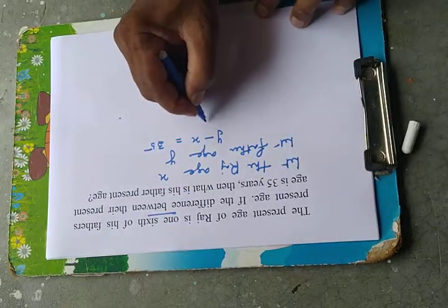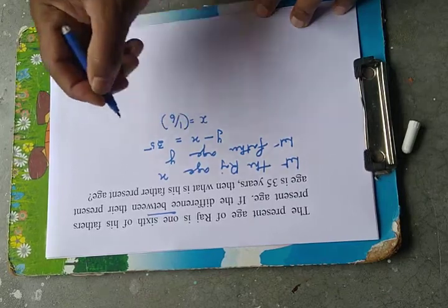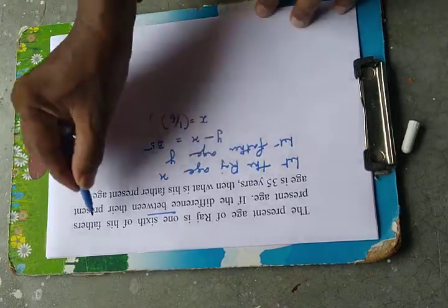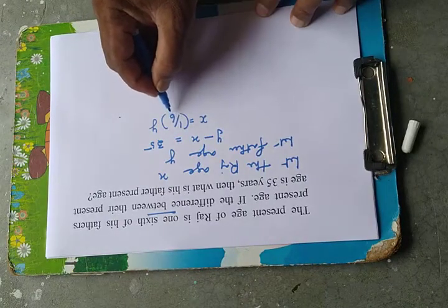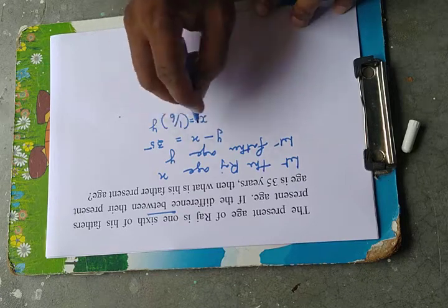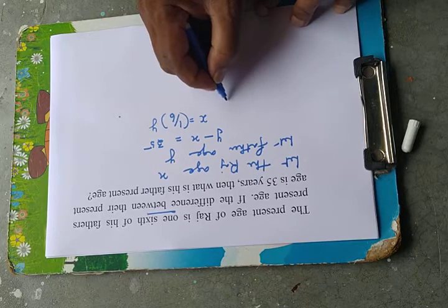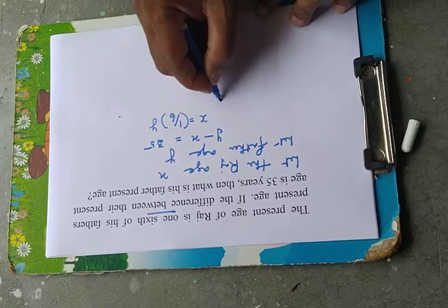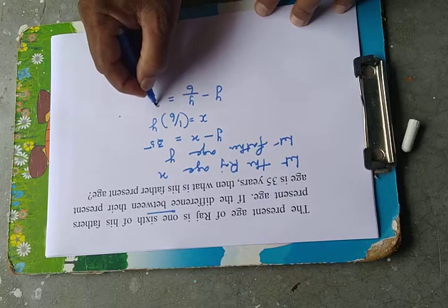Therefore, x equals 1/6 of y. Difference between their ages, y minus x, is 35. Now we are going to substitute the x value we got, y by 6.